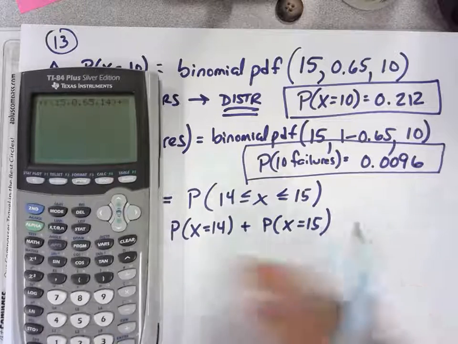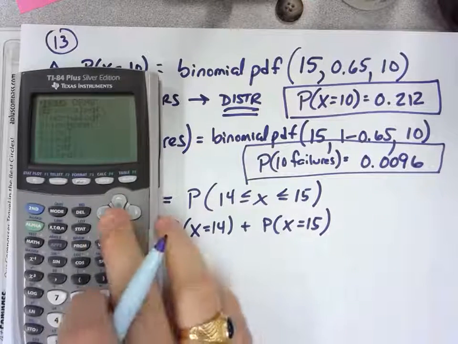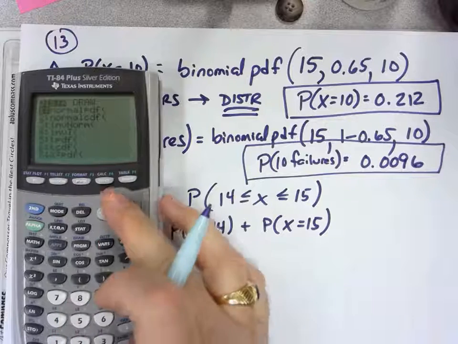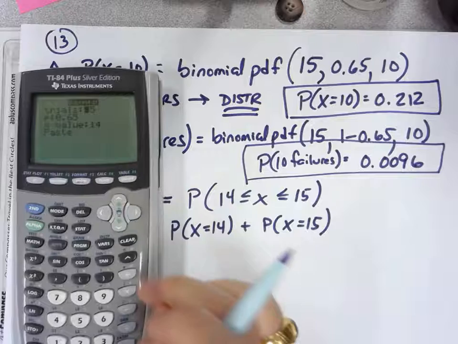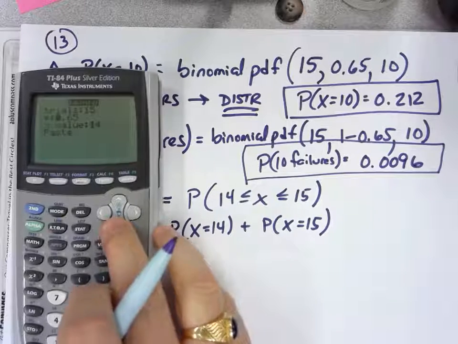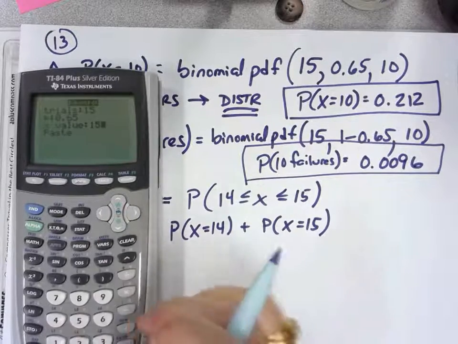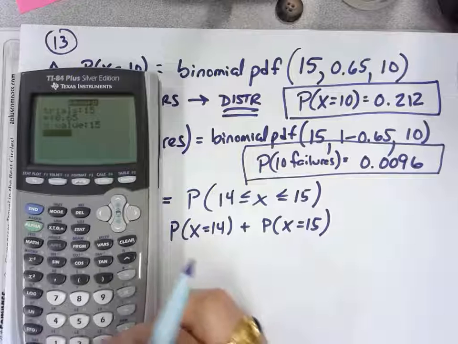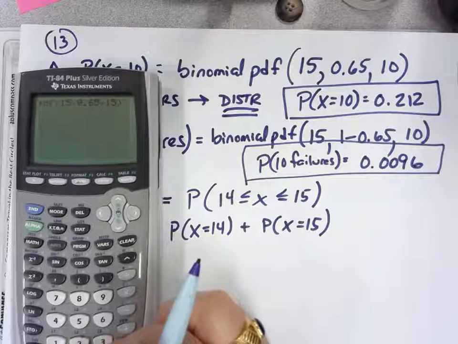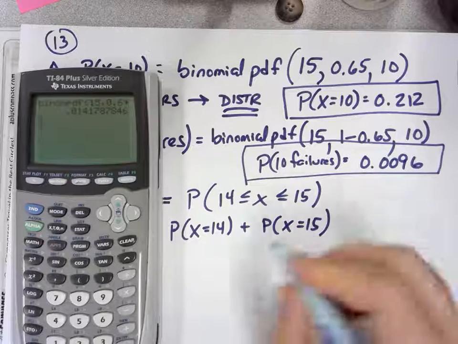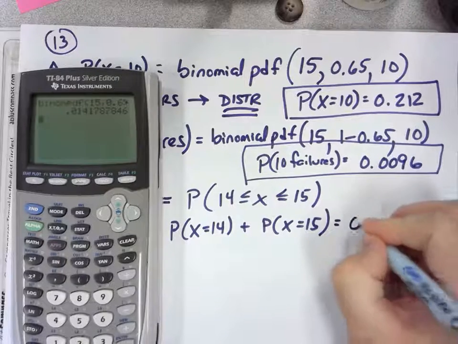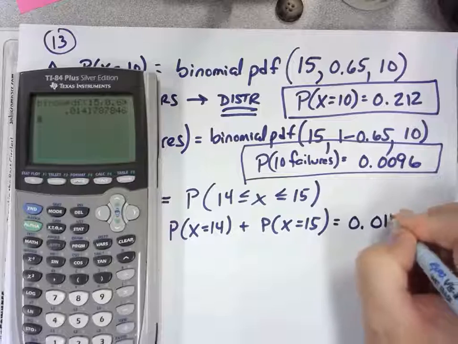So I can just say plus second vars. I don't want normal, I'm going to do alpha A. So I got 15, 0.65, and here I'm going to put 15, paste that, and hit enter. And you get 0.0142.